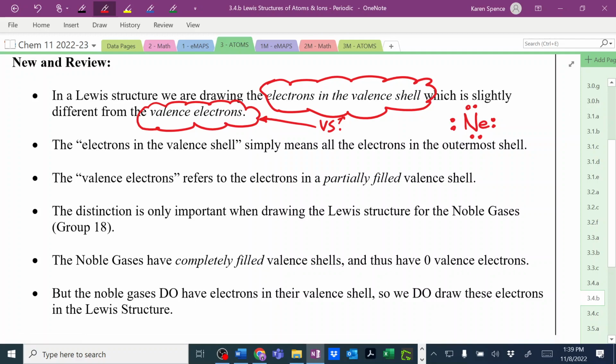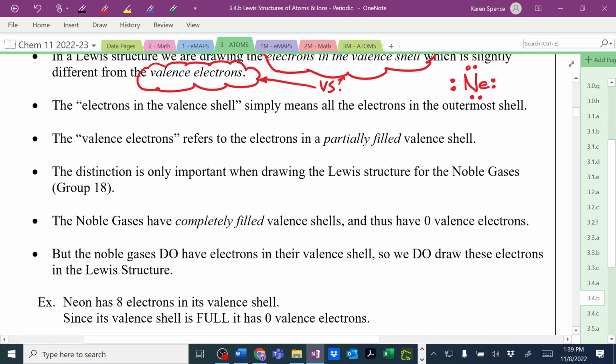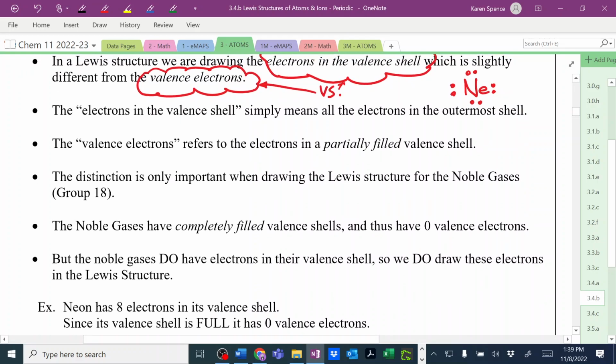Don't worry about those terminologies too much. I'm not going to ask you questions like that. I'm just going to say how many valence electrons, and I probably won't ask you about a noble gas. Valence electrons, remember they refer to partially filled valence shells.